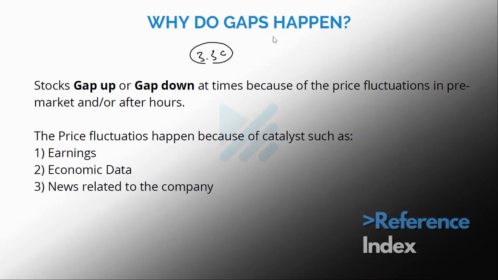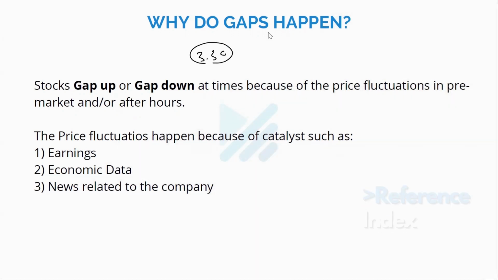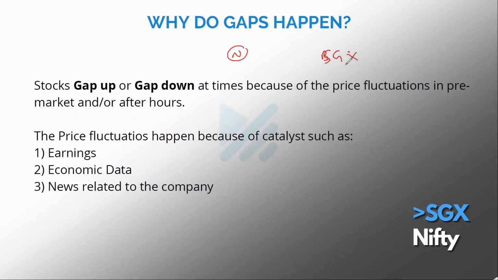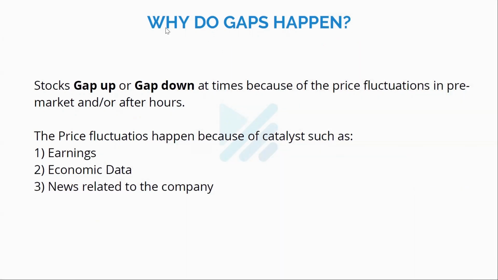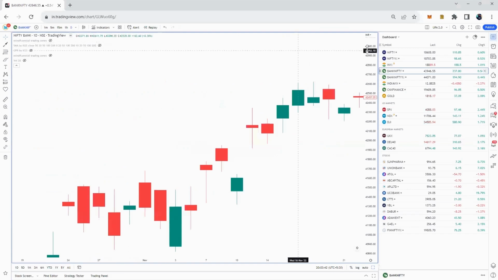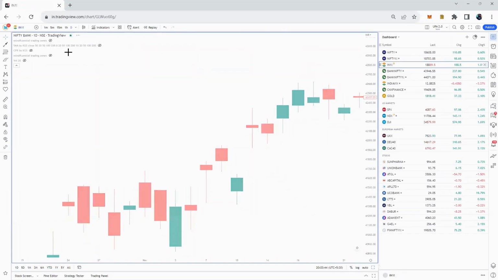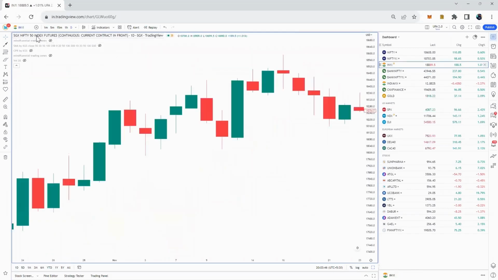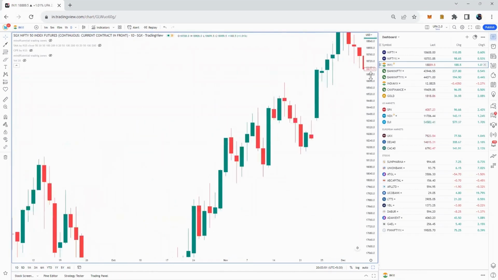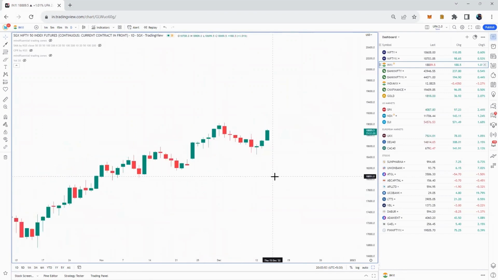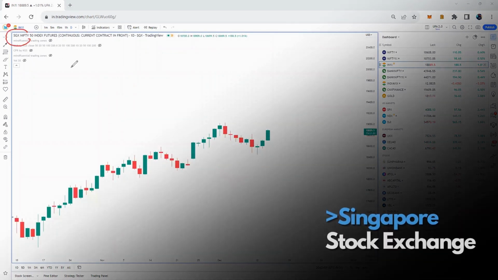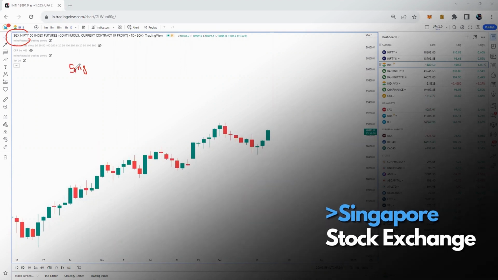There is one reference index for our Nifty, which is basically SGX Nifty. You can search for this name, SGX Nifty 50 Index Futures. This is nothing but our Nifty's reference chart, but this SGX Nifty trades on the Singapore Stock Exchange, not an Indian stock exchange.